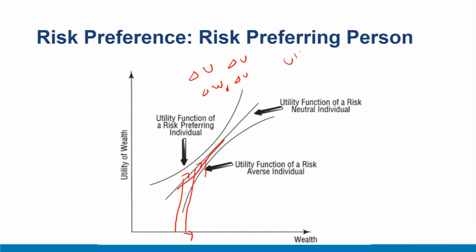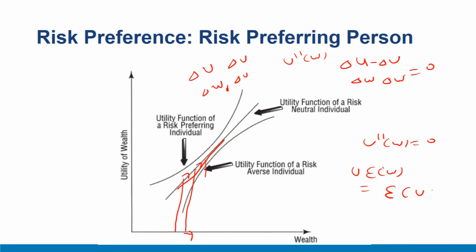So the double differential U''(W), or delta U minus delta U for a change from delta W to delta W, will be equal to 0. And this is what we said about this individual, that U''(W) is equal to 0. And for this individual, whether you give him the gamble or you give him the expected value as a sure, certain amount, it doesn't matter to him. That means utility of expected wealth is equal to expected utility of wealth.